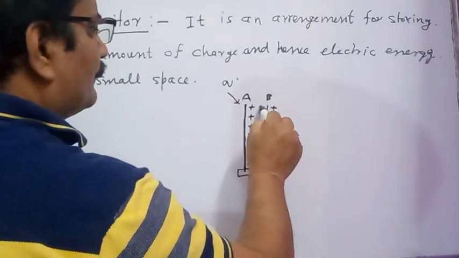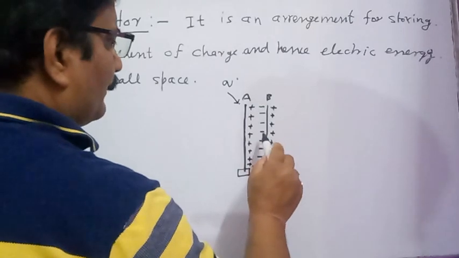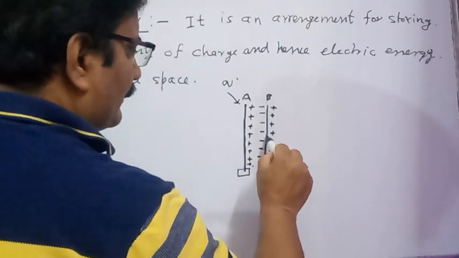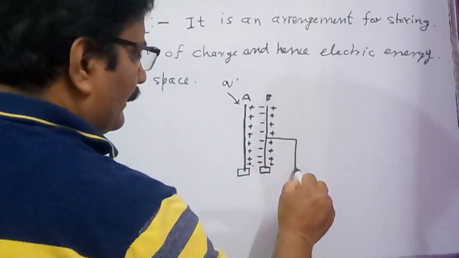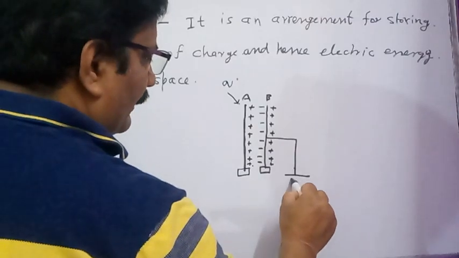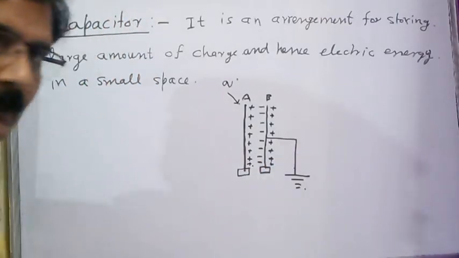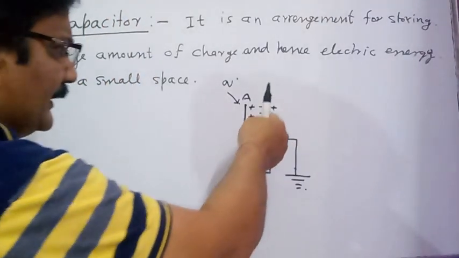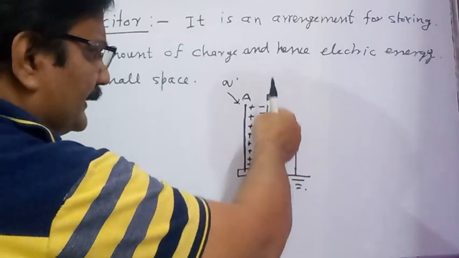So to decrease the potential, now if we connect conductor B with the earth, as you know, these positive charges are free charges.